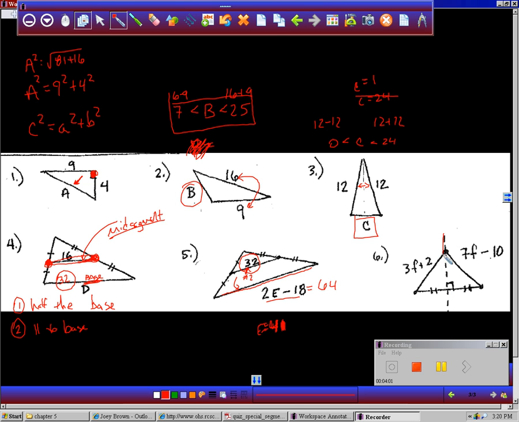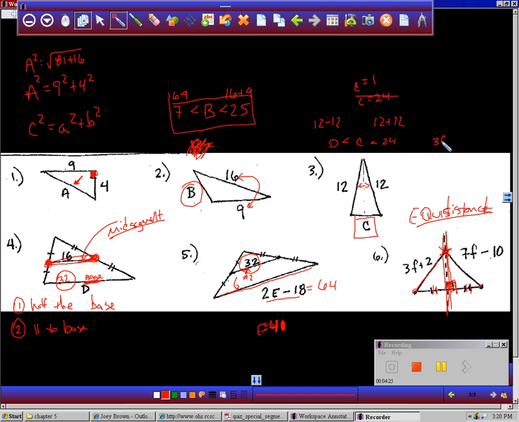Okay, here we go. The property is this. If this is a perpendicular bisector, which it is, because it's perpendicular and it bisects that line, that means this point right here has to be equidistant from here and here. Equidistant means the same distance.